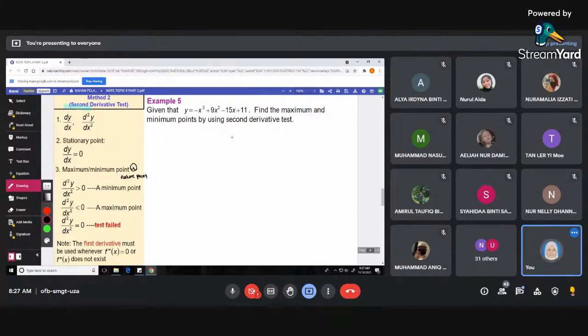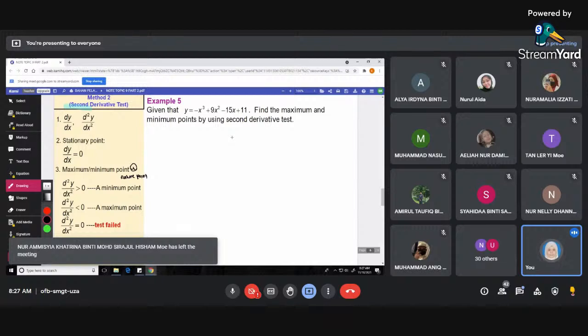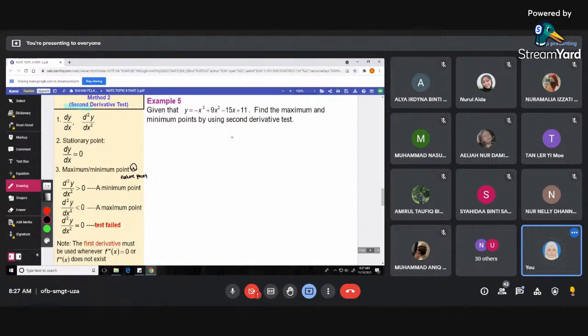But if you substitute the coordinate in second derivative and the value is less than 0, therefore it is a maximum. And if the value of second derivative equals 0, that means your test failed. If the test fails, you must use first derivative test.